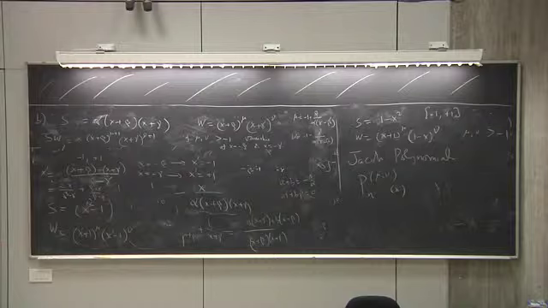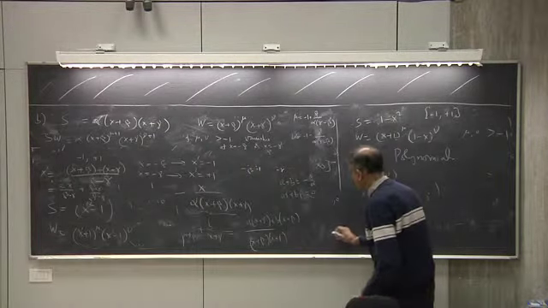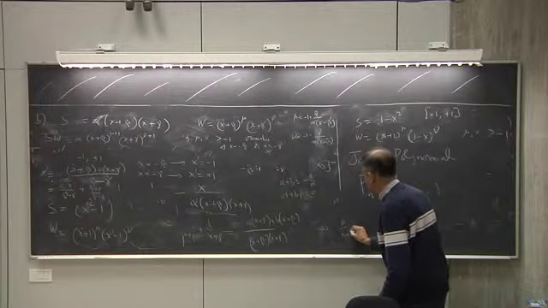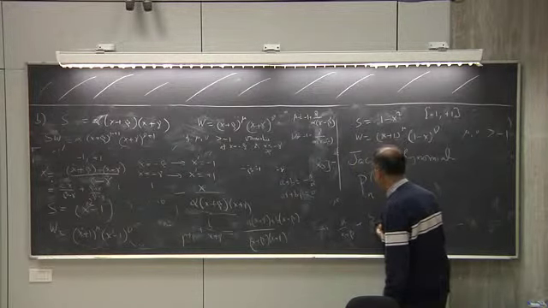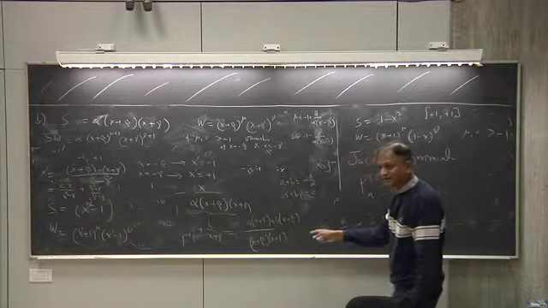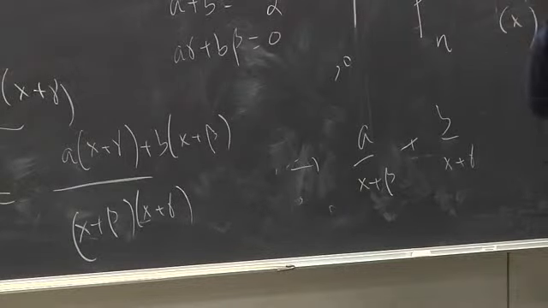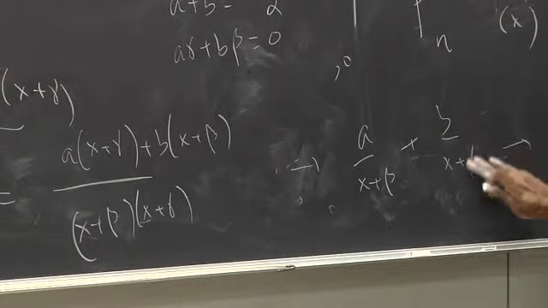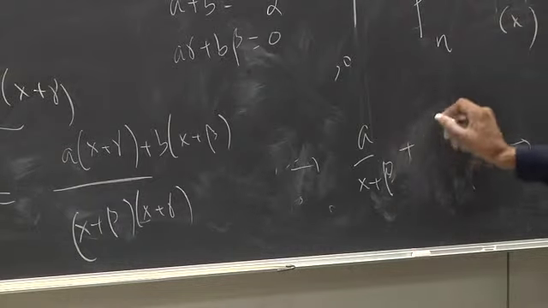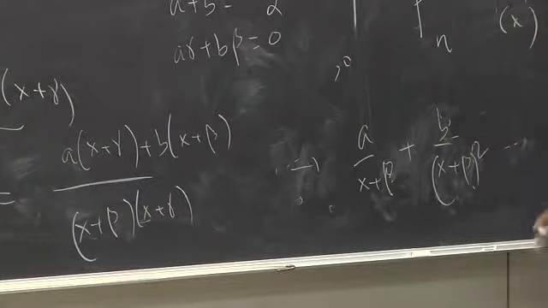First of all, the partial fraction won't work. When beta is different from gamma, we could always write this thing as some a divided by x plus beta plus some b divided by x plus gamma. But if the two are equal, you cannot write it like this. If beta equals gamma, you will have a term which is some b divided by x plus beta squared, right?